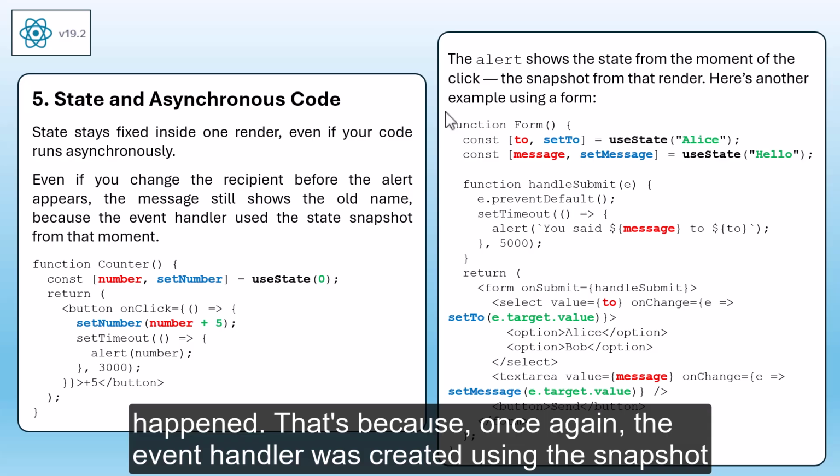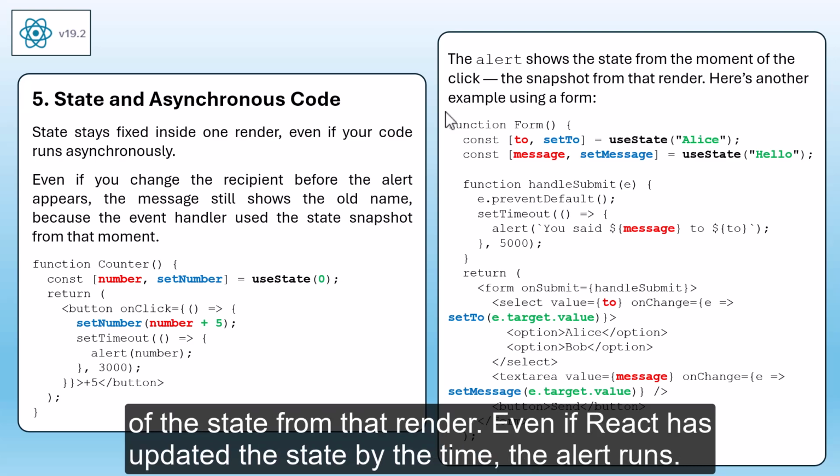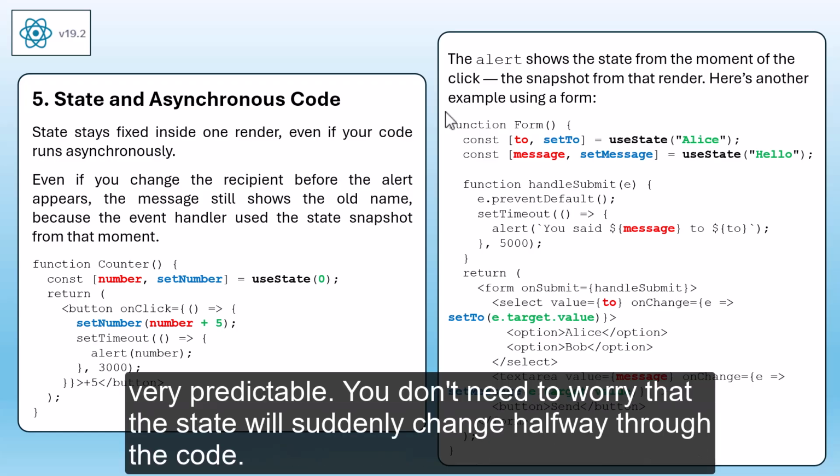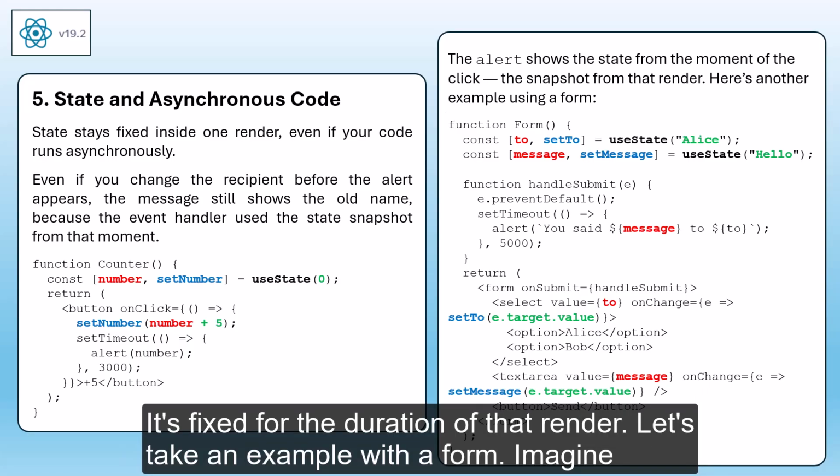That's because, once again, the event handler was created using the snapshot of the state from that render. Even if React has updated the state by the time the alert runs, the event handler still refers to the older snapshot. This makes event handlers in React very predictable. You don't need to worry that the state will suddenly change halfway through the code. It's fixed for the duration of that render.